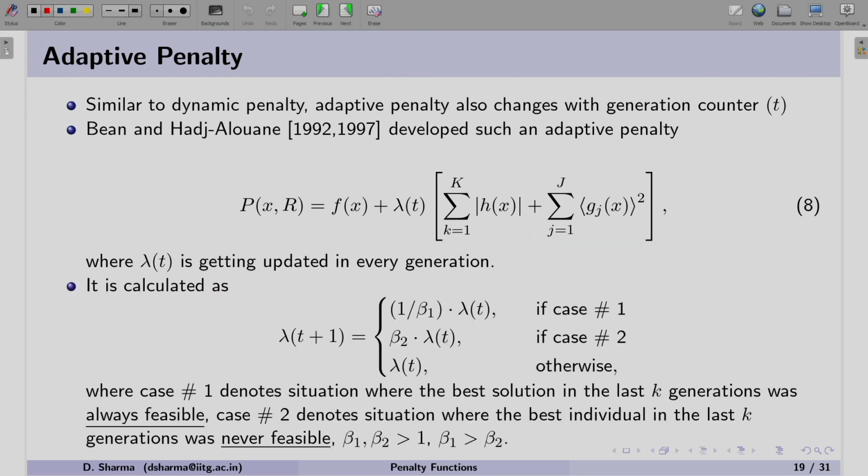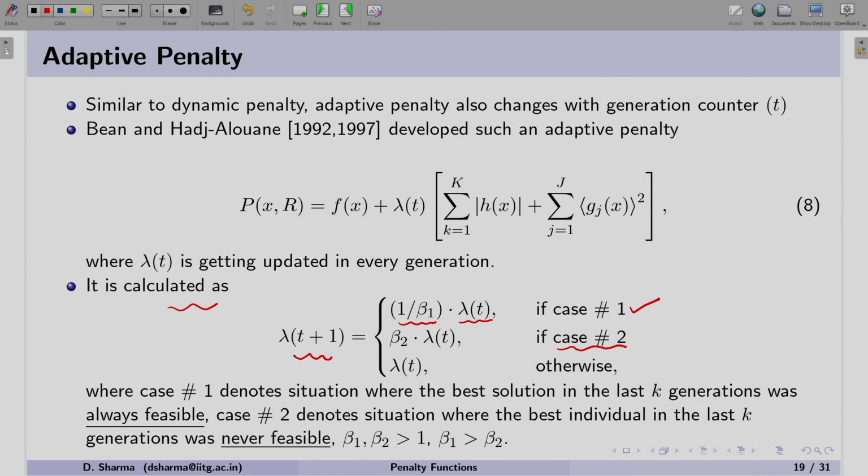Let us look at this lambda value. As we can see here, lambda can be calculated as follows. For case 1, we use 1 divided by beta 1 and multiplied by lambda t.